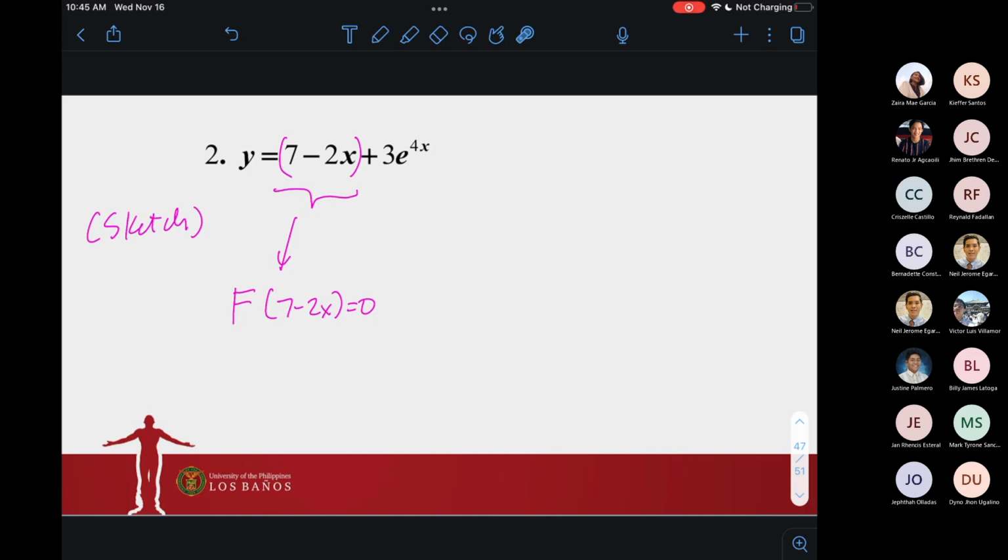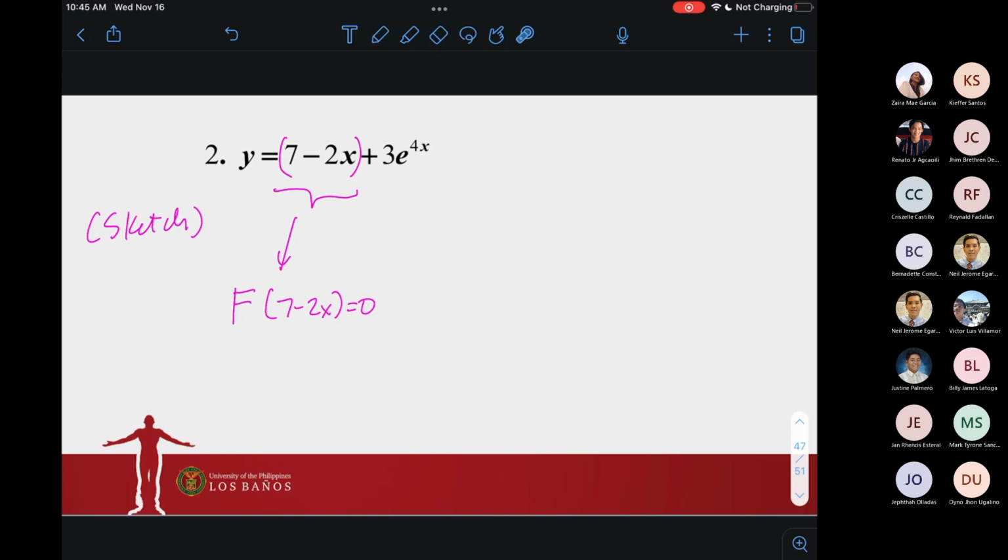So kailan tayo nagkakaroon ng linear solution sa isang differential equation? Or sa isang homogeneous differential equation? May repeated roots? Well, partly correct, pero probably napaghalo mo siguro, Kiefer.